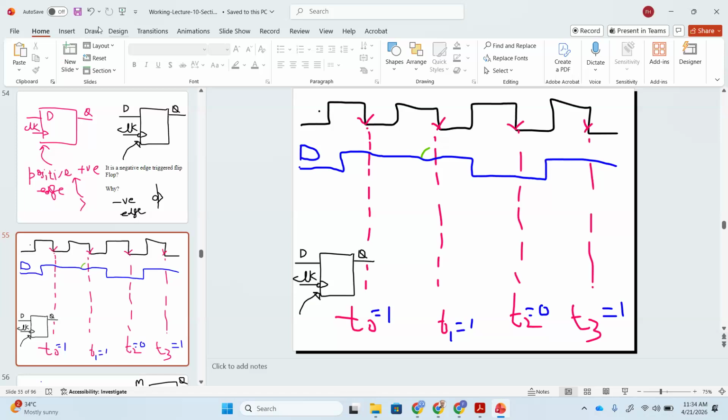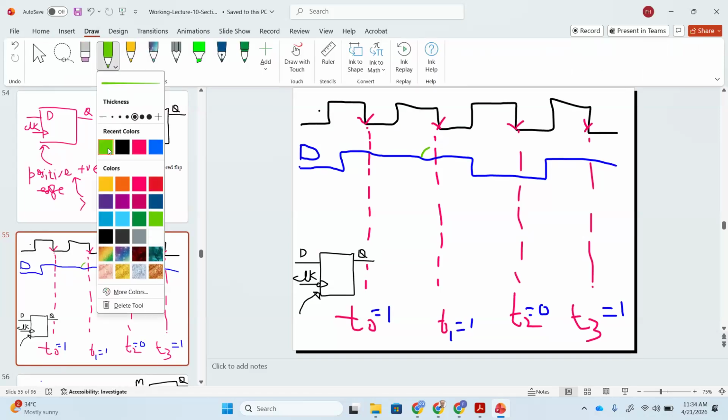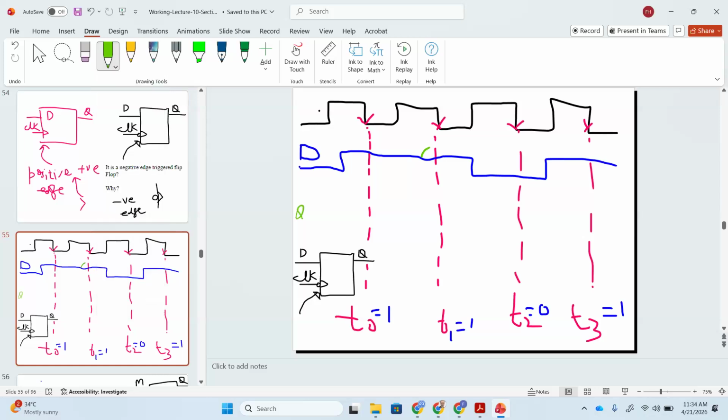Now we want to draw Q. Let's assume that the initial value of Q is 0. We go to the negative edge of the clock. What is the value of D? It is 1, so Q will become 1 now. What is the value of D?